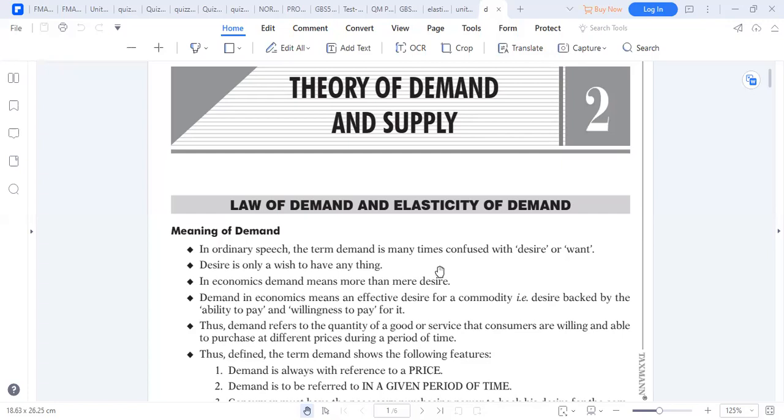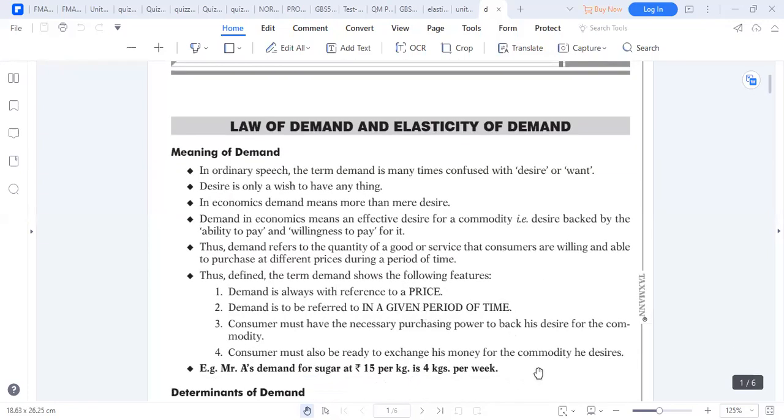Demand refers to the quantity of a good or a service that consumers are willing and able to purchase at a particular or specific period in time. So with reference to the definition, there are three things that we are going to look at under demand: the price, a given period, the purchaser's willingness or desire to buy a commodity, and also the readiness.